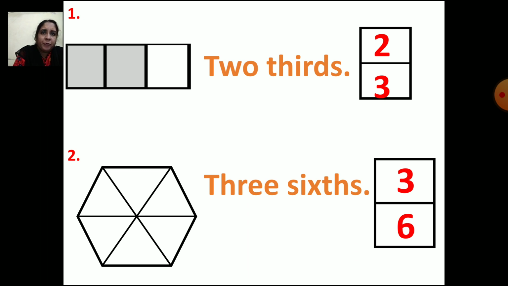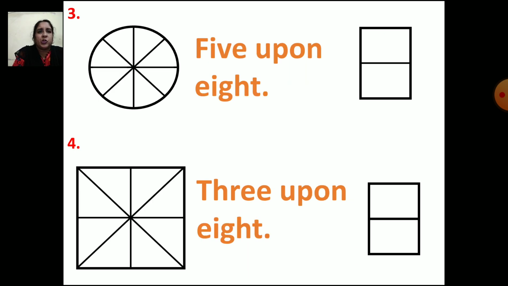This is your fraction. Now out of 6 parts, how many parts do you have to color? 3 parts. Right? So now you have to color 3 parts in the figure. How are you going to color? 1, 2, 3. Very good. So this is how you are going to do the sum. Now let us see the next question.